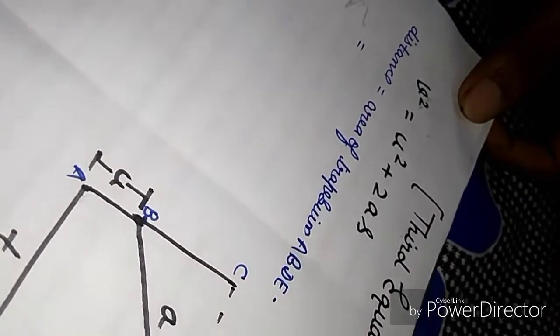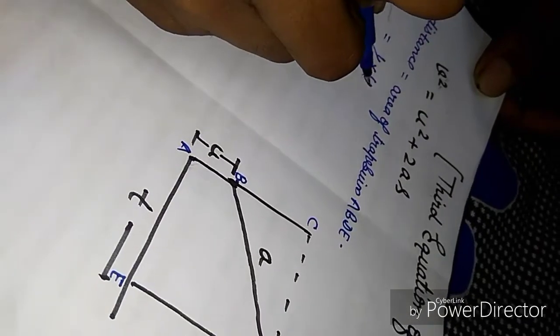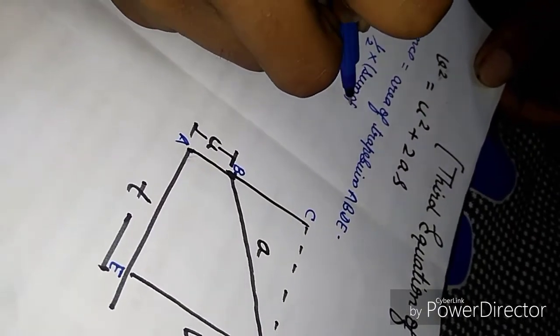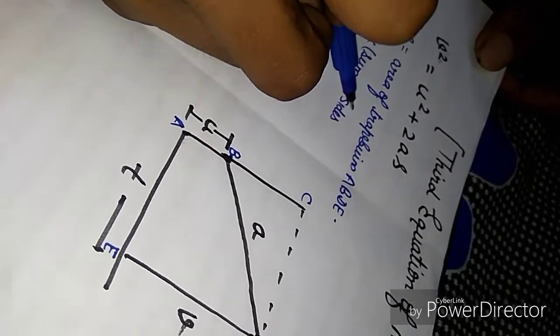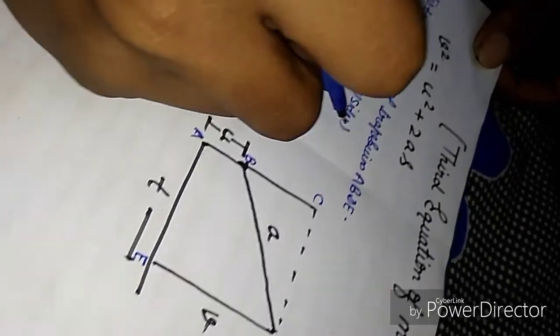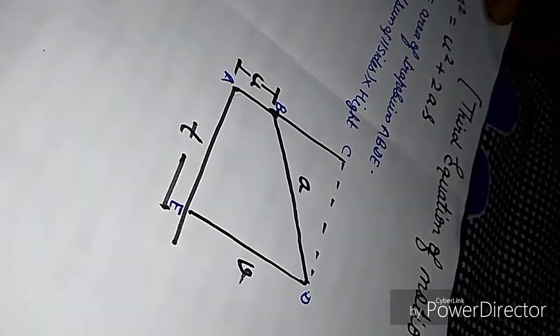We know that the area of a trapezium is equal to 1 by 2 into the sum of parallel sides into height.